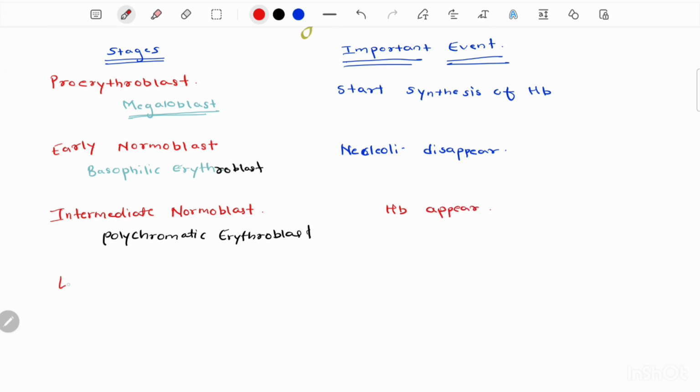The next stage is late normoblast, also known as orthochromatic erythroblast.